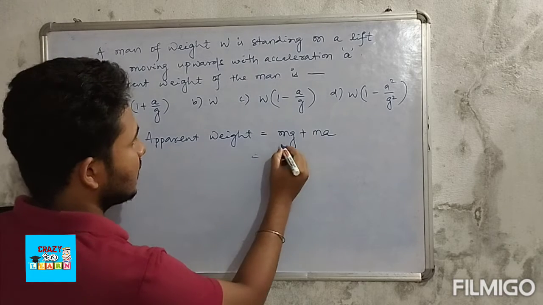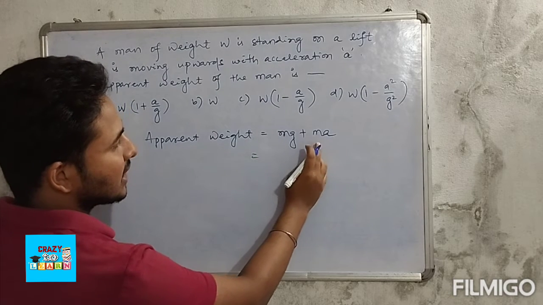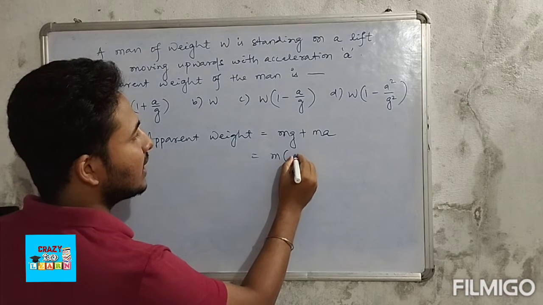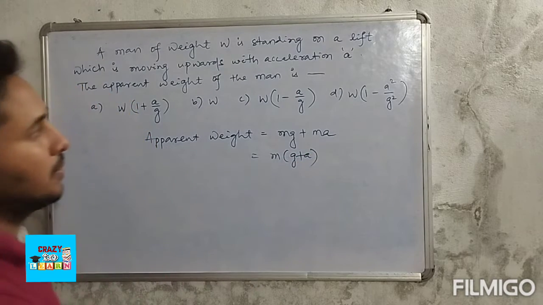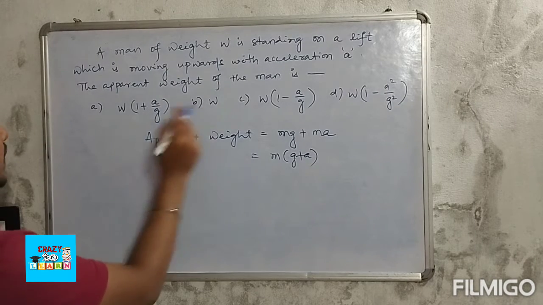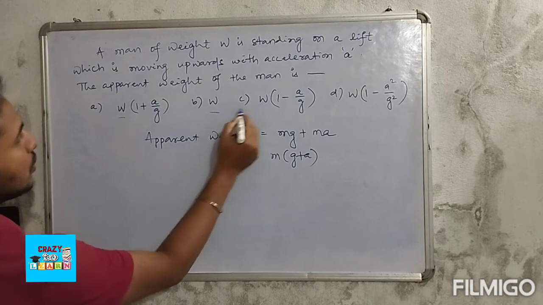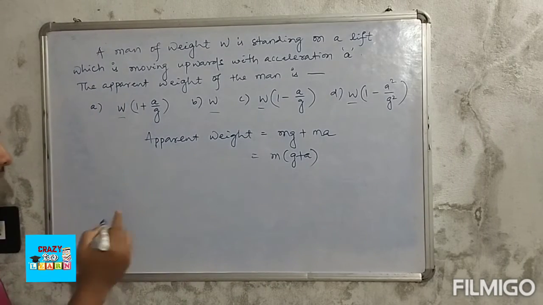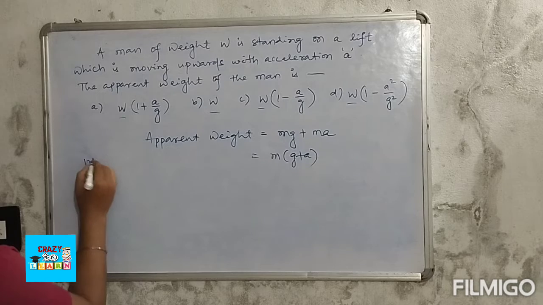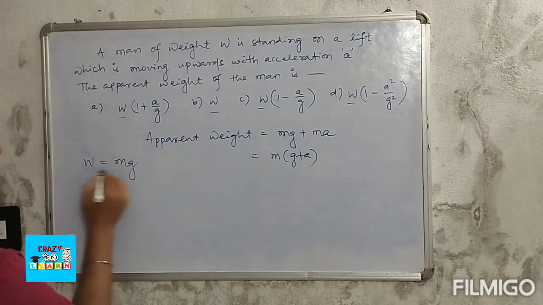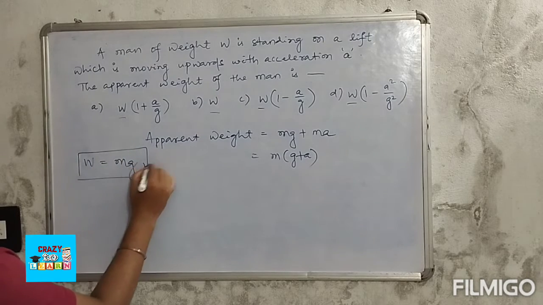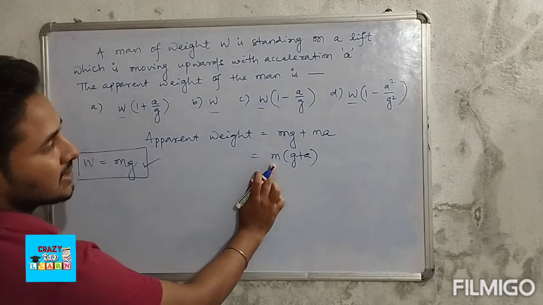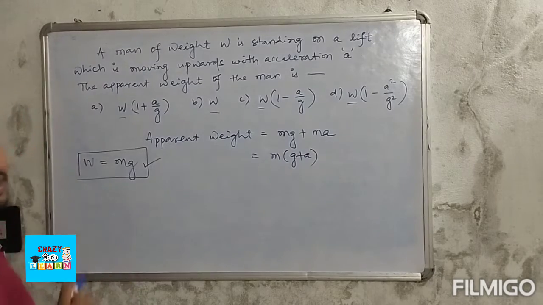Just as m is present in both the terms, take m as common, we will get m into g plus a. But in every option W is given to you, which represents weight, and we know that weight is equal to mass into acceleration due to gravity. So if we take only m as common, we will not get the answer.